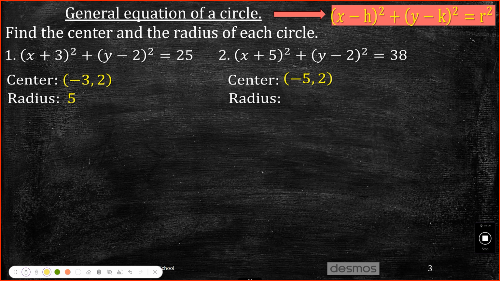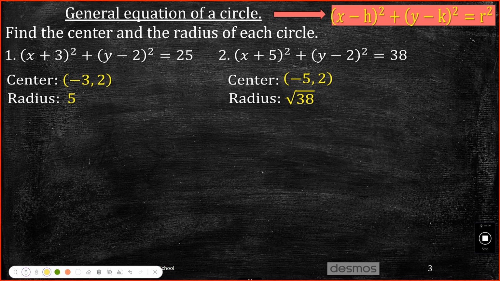Wow. Close. Close. Probably less than that. A little bit less than that. You could just leave it at square root of 38. But it would be close to what you just said. But it's less than that, though. Let me do it.